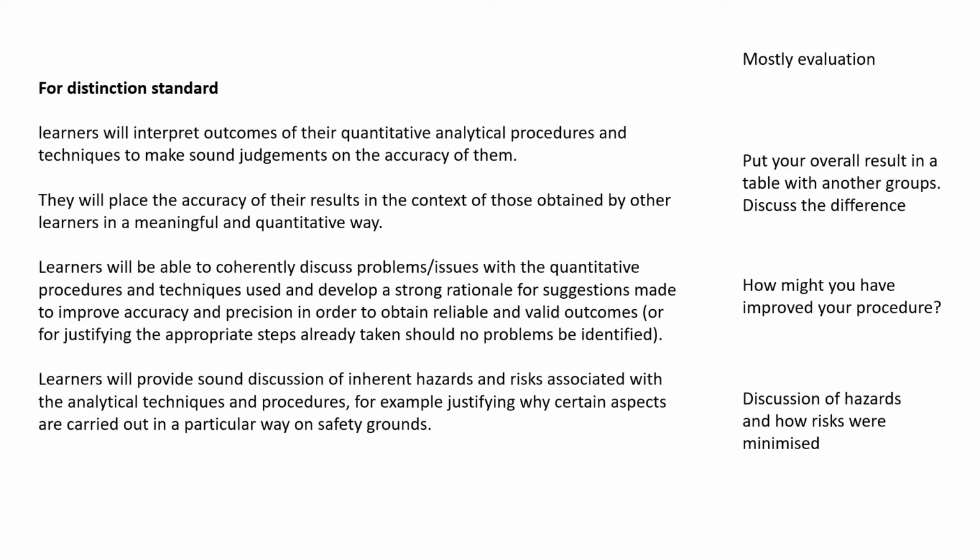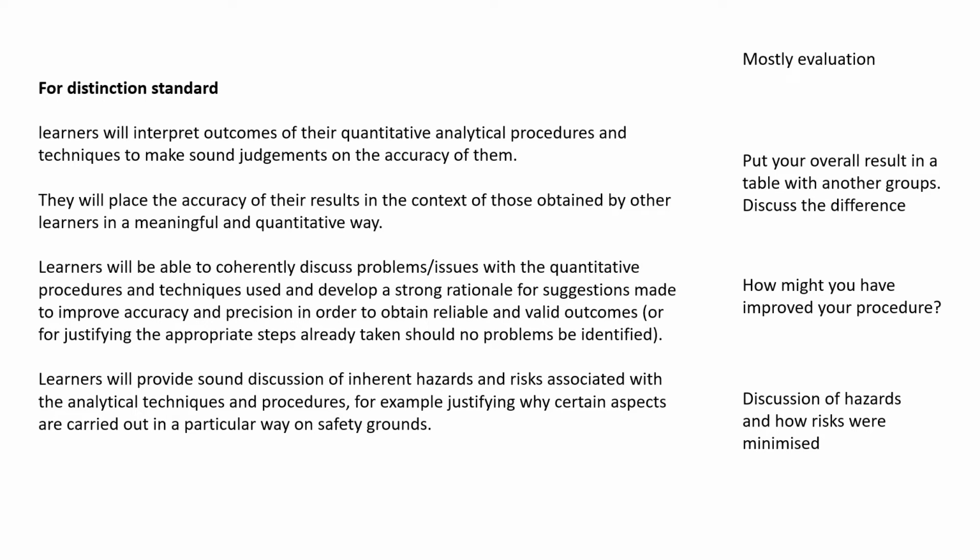For a distinction, this is mostly in the evaluation. You look at the work you've done and basically you've presented your work well, put your overall results in a table with other groups and discuss the difference. Did other groups get the same value for the unknown concentration as you did?